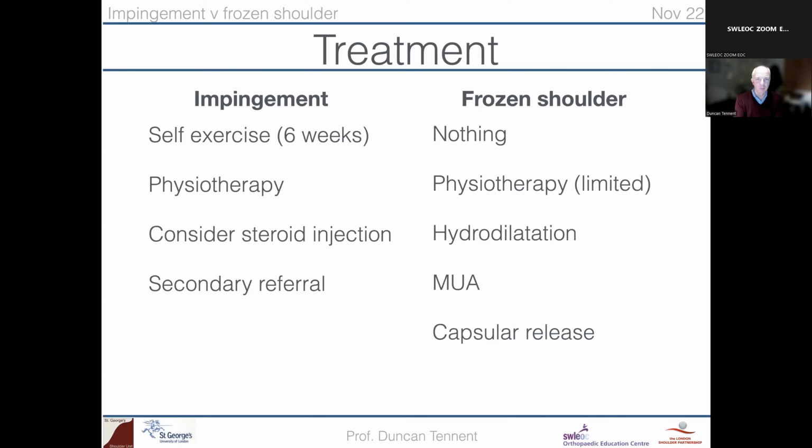And if you haven't got the program, it's available on the British Elbow and Shoulder Society website, and you can just give it to the patient, off they go. You may want to try physiotherapy, and then you may want to consider a steroid injection, and then ultimately secondary referral.